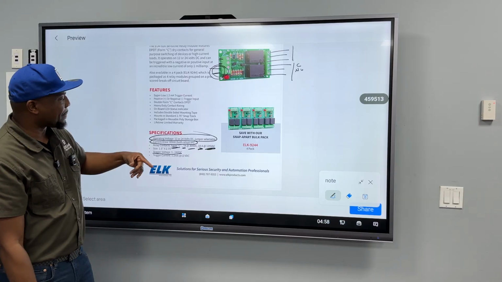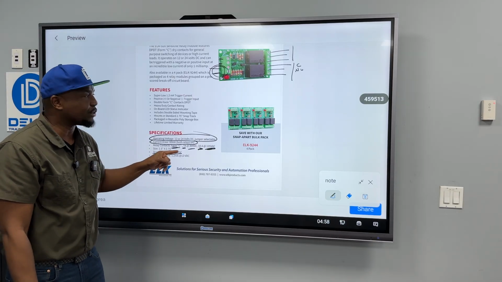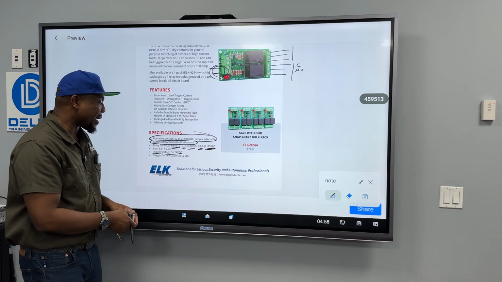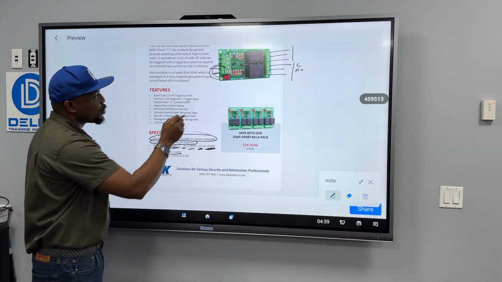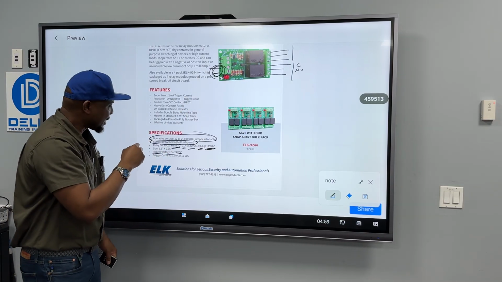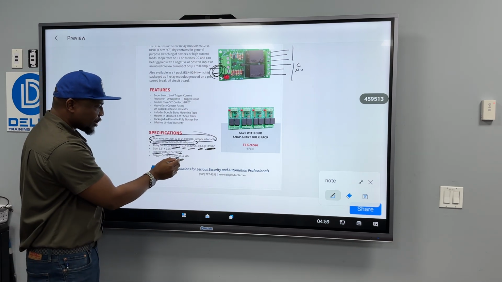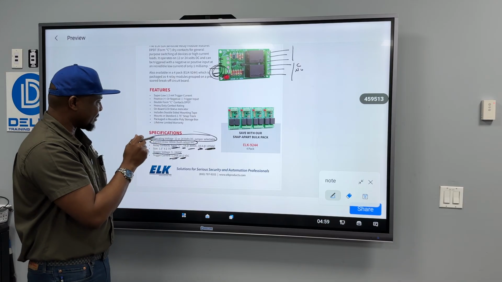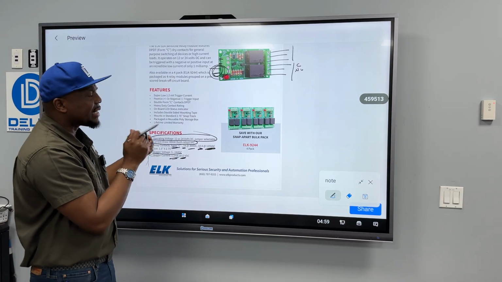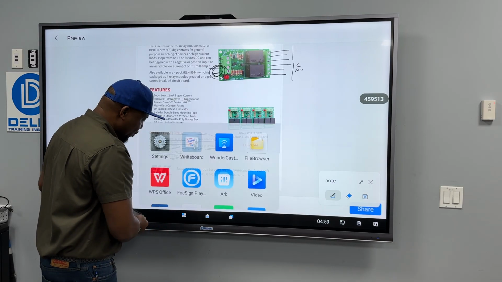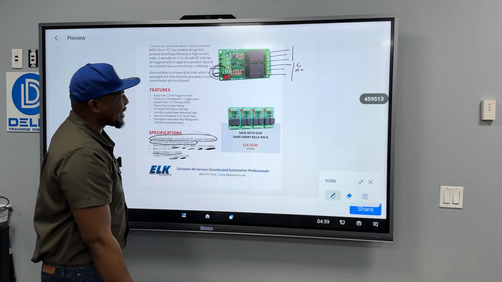But I know I can apply as little as 5 volts, and I'm able to trigger this. And then finally, how much current is going to be drawn through the trigger terminal. It's 1.2 milliamps at 12 volts DC. That's the trigger current. So the data sheet is so important when you're doing things like that.